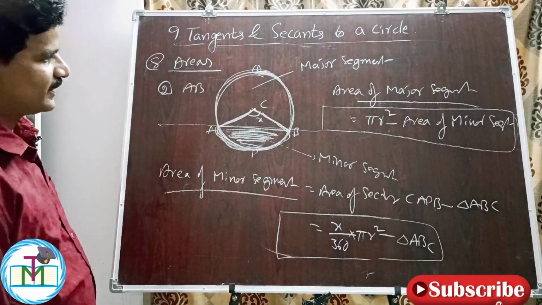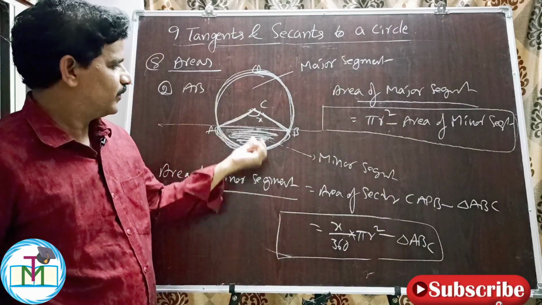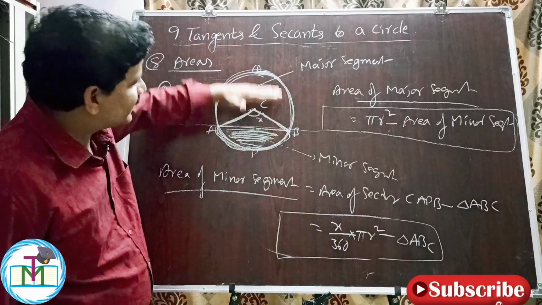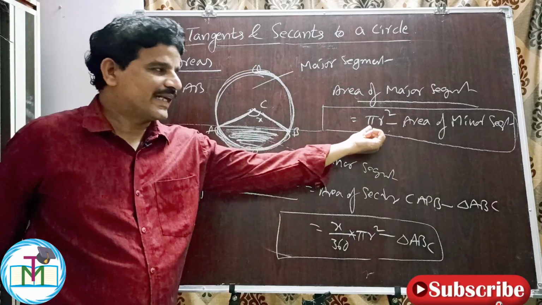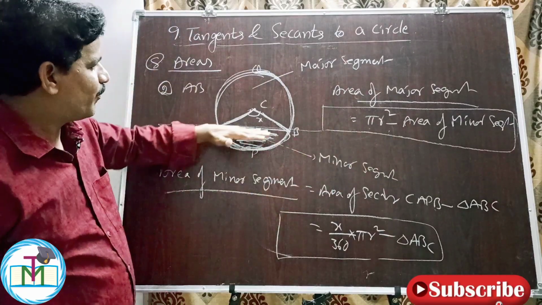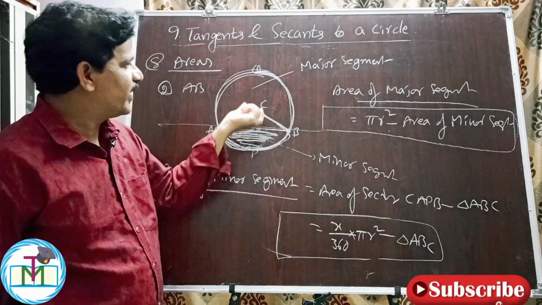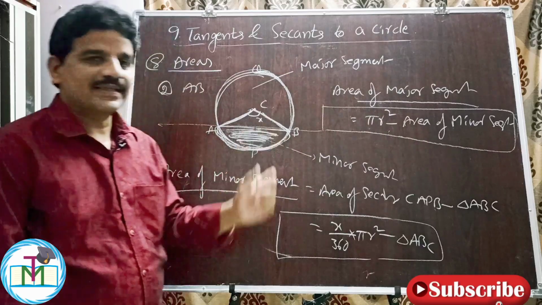What is the difference here? Sector area minus triangle area gives the down part area, nothing but the minor segment area. To get major segment area, pi r square, total circle area, minus area of the minor segment. Therefore full circle area minus area of the minor segment.